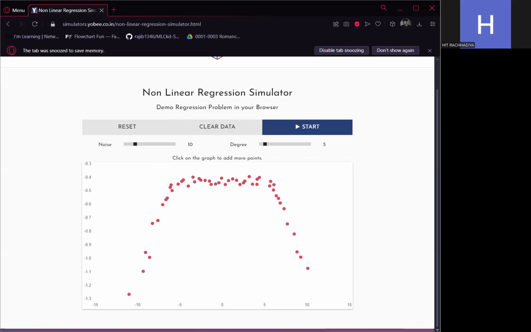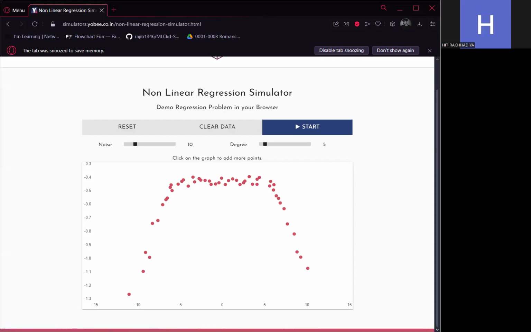When the degree is low, it gives us simple smooth curves that may underfit the data if the relationship is complex. If we keep the degree high, it gives us a complex curve that can fit the pattern but may overfit, capturing the noise in the data instead of the true underlying relationship.